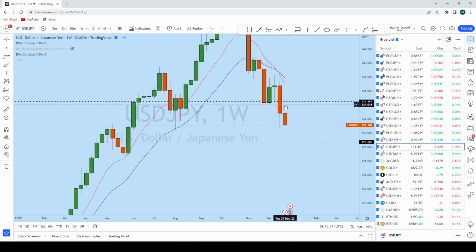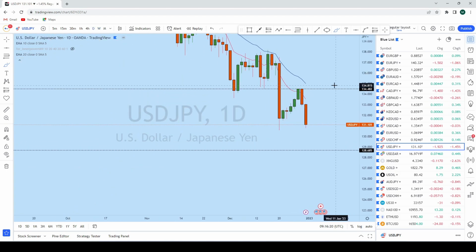This last week's candle exactly tested the support of this doji as a resistance and rejected, which means it has done its job. It created a retest. Now we can expect dollar yen to continue to drop. This is the support zone that we are expecting, or even below this level we can expect dollar yen to continue to drop.